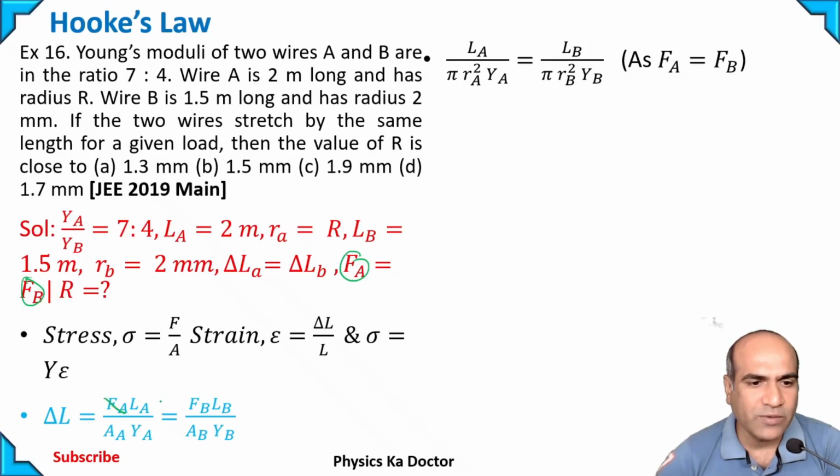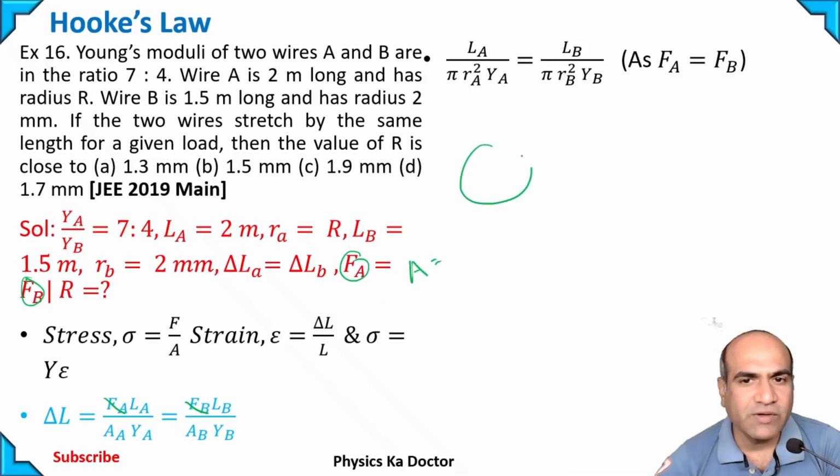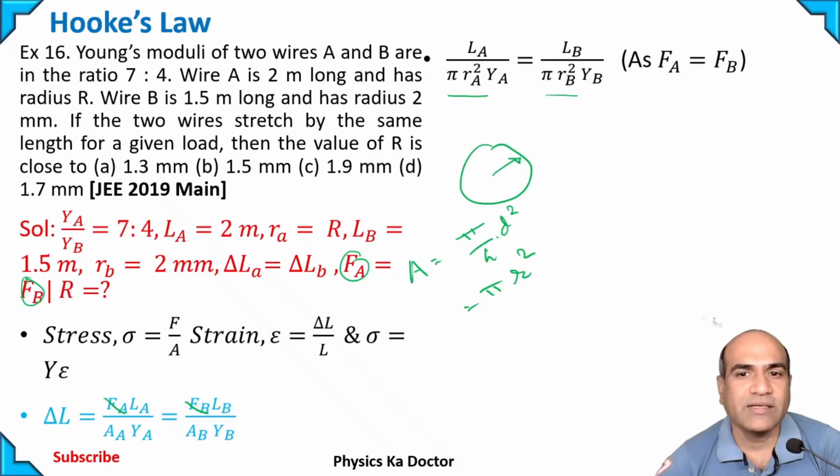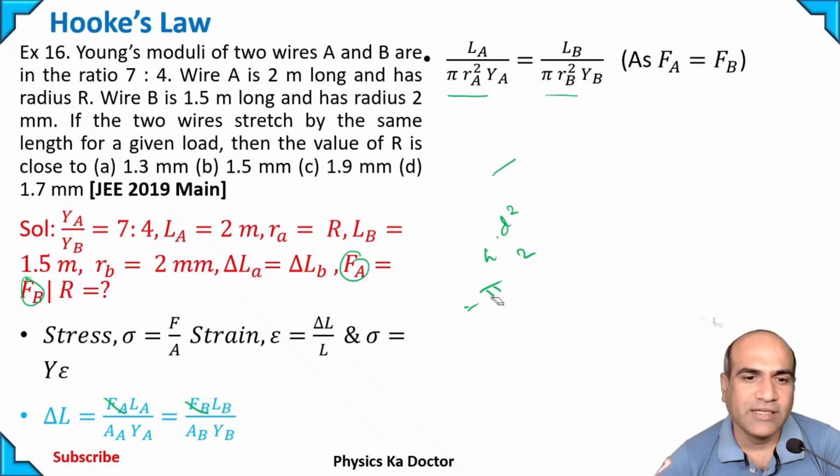Can we cancel this out? Of course, we can cancel it out. To find area, the radius is given. So area is pi by 4 d square, or we can use pi r square. For the first, it becomes pi RA square, for the second, pi RB square.